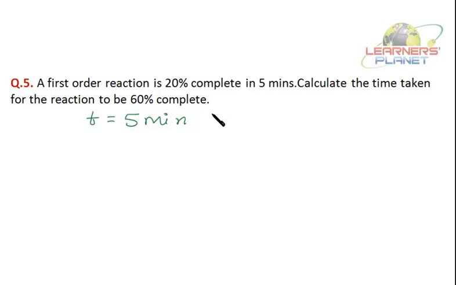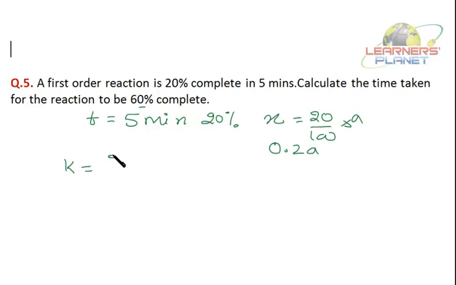And it is for the completion of 20% of the reaction. That is, what is the value of X over here? X is equal to 20 by 100 into A, or it is 0.2 A. Now let's find out first the value of K. Because for finding out the time required for 60% completion, we should know the value of K, because we've got only one equation, that is K is equal to 2.303 by T log of initial concentration divided by the final concentration.